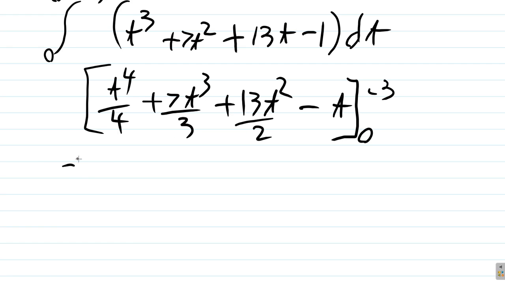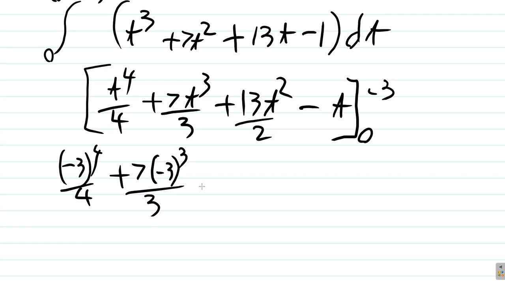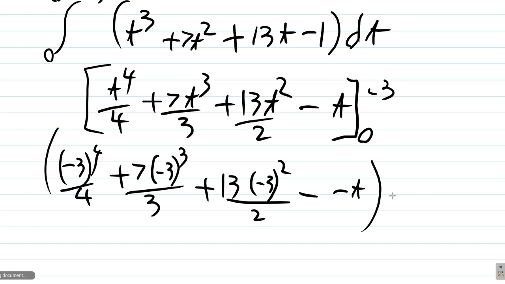This is going to be negative 3 to the 4th over 4 plus 7 times negative 3 cubed over 3 plus 13 by negative 3 squared over 2 minus t, not negative 3, t. All of this minus, well, it's going to be 0 to the 4 times 0 cubed and so on. So all of this amounts to 0. You see that?